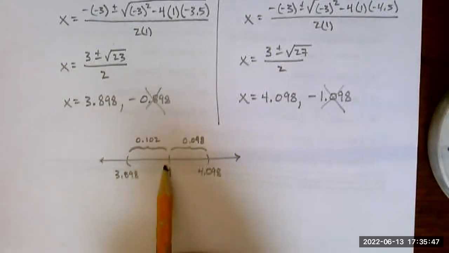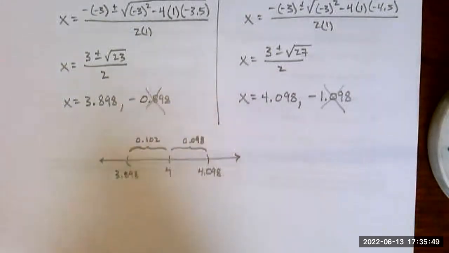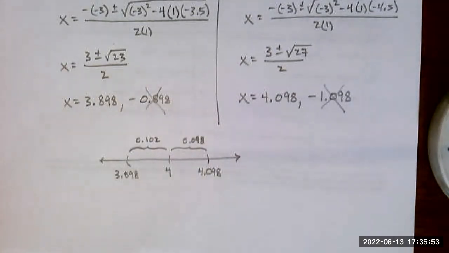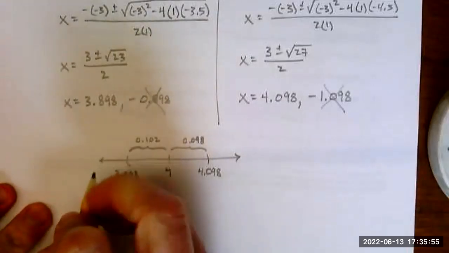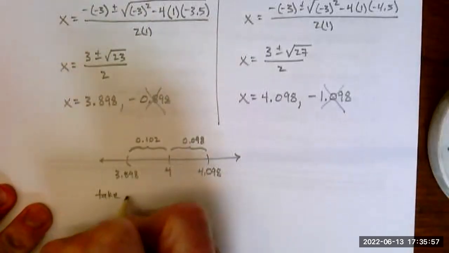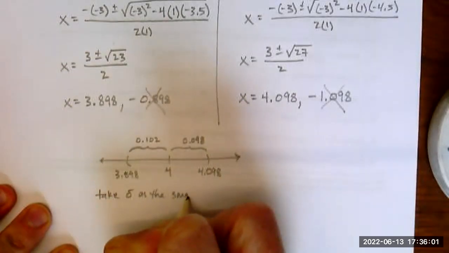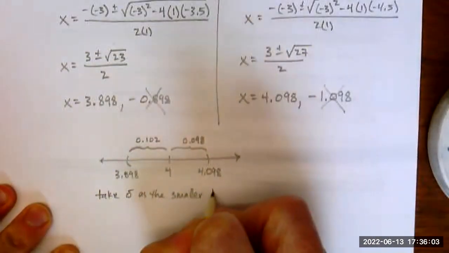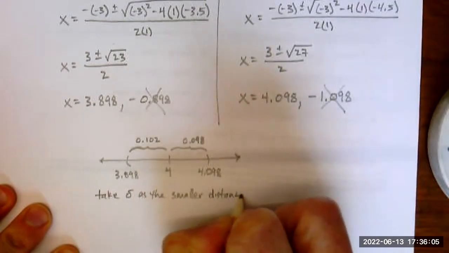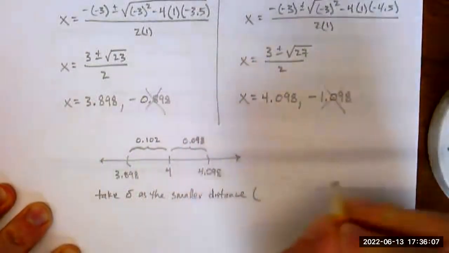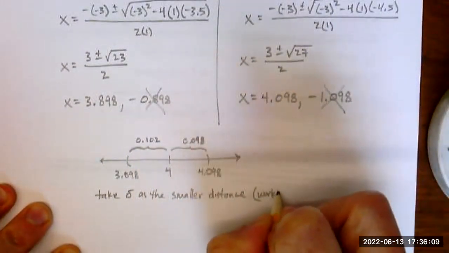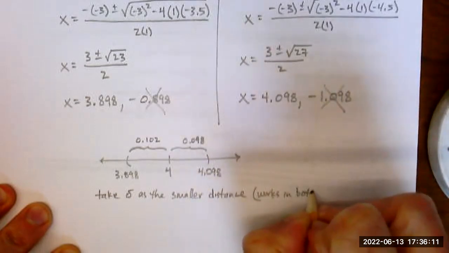Or should we take delta to equal the smaller number of the 2? Let me just tell you guys. Take delta as the smaller distance. Why is that? Because that one works in both directions.